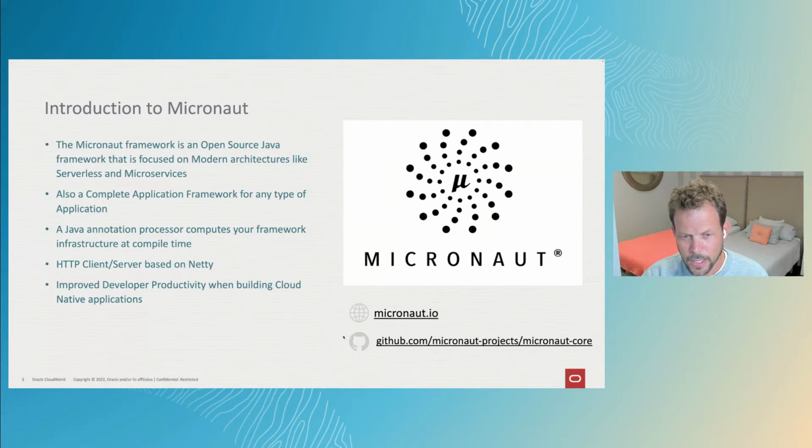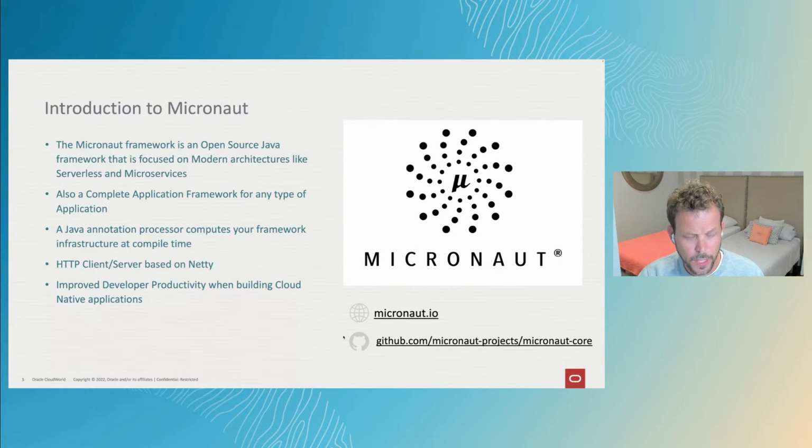So Micronaut doesn't need to use things like reflection, dynamic class loading, runtime generated proxies that traditional frameworks like Spring do, because everything is done and computed ahead of time during the compilation of the application. The net result of this is that the Micronaut runtime is significantly smaller and more efficient.